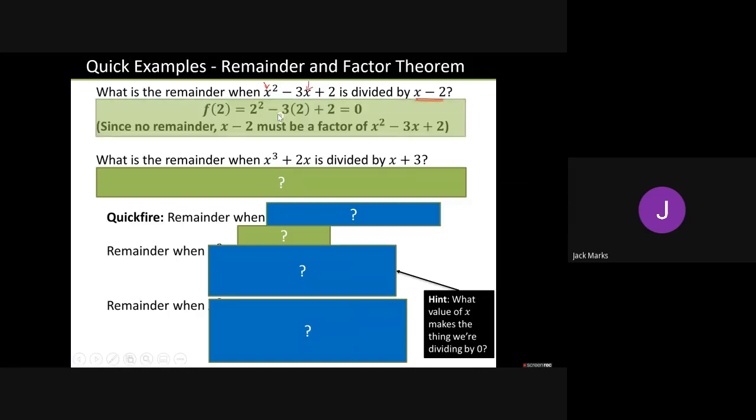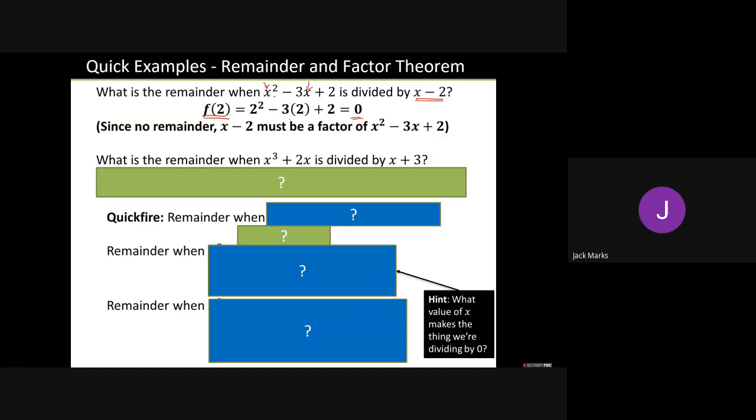So let's have a look. If you substitute 2 into each of the x's, and that's the formal way of writing it, f of 2, you'll get 2 squared, which is just what's on the top, minus 3 lots of 2, plus 2 is 0. So what's interesting about that? Well, there's no remainder. If something has no remainder, it means it's a factor, okay?